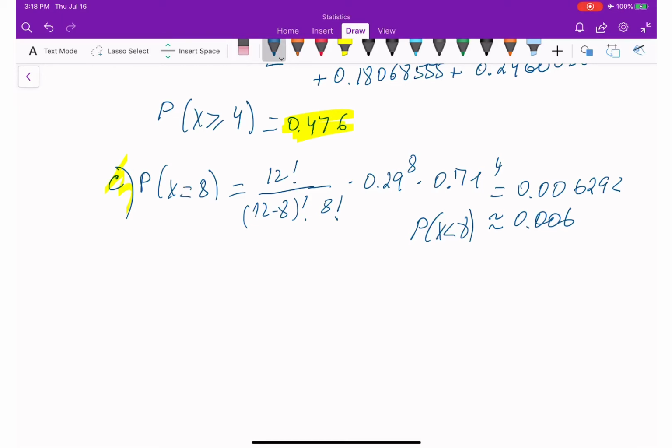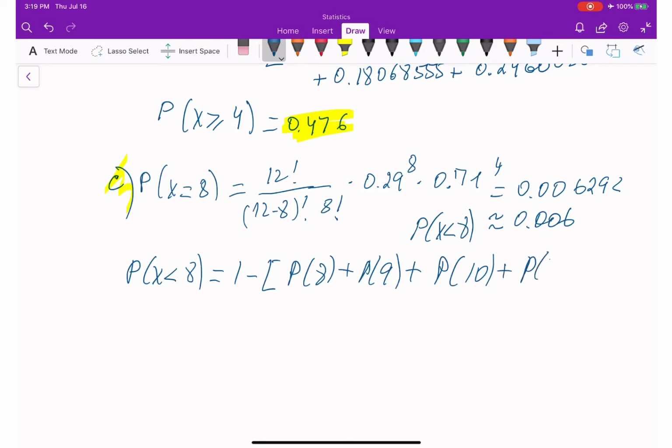But to find probability x is less than 8, I'm going to take 1 minus probability of 8 plus probability of 9 plus probability of 10 plus probability of 11 plus probability of 12. Okay. So we found 8. Now we need to find probability of 9, 10, 11, 12.